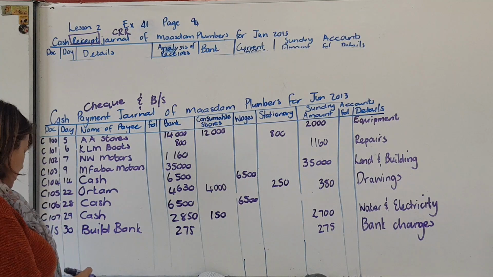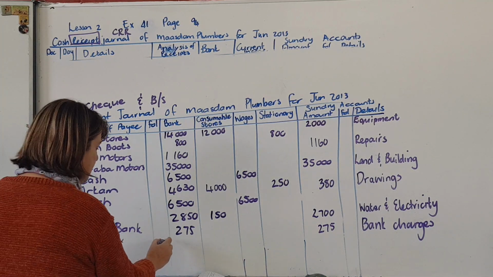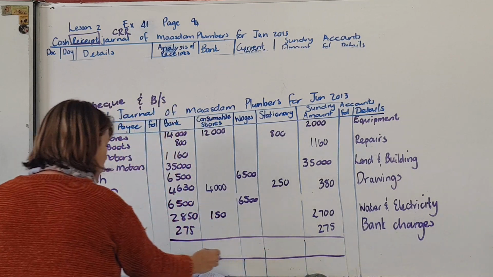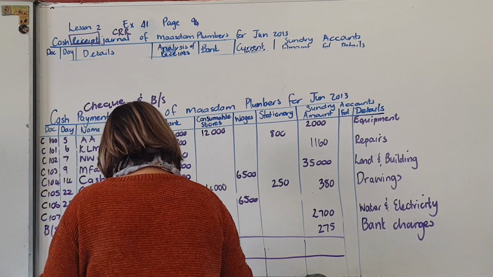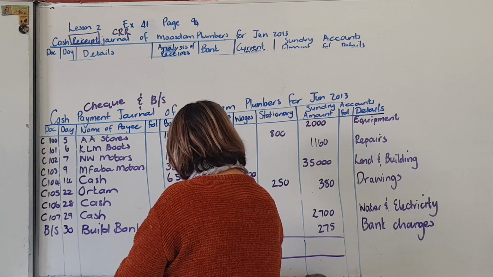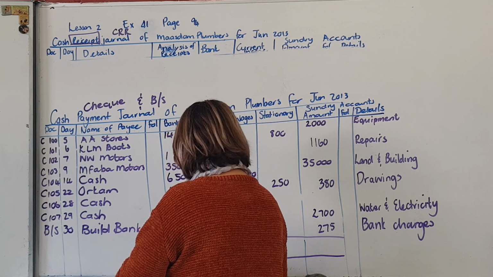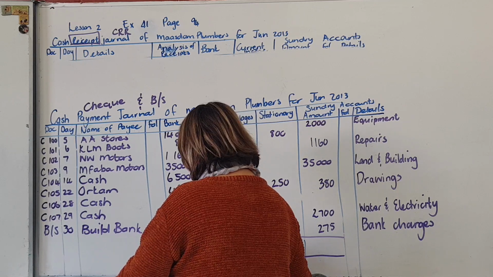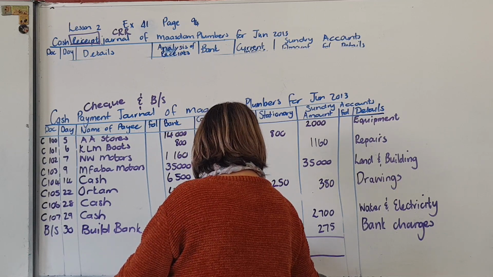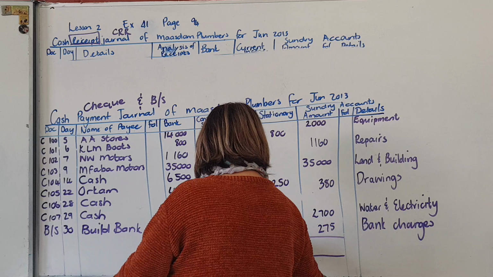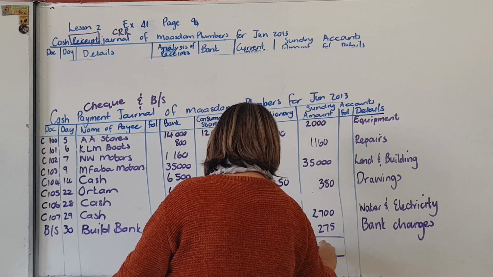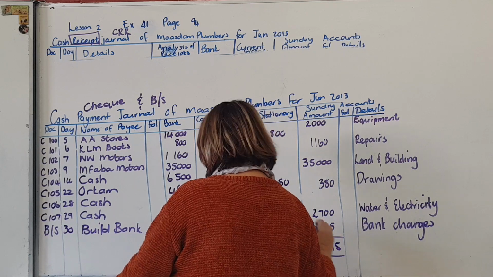All right, so that was your total transactions in your CPJ, and all you have to do is add all your columns. And if you add your columns, this one is 71, 71, 5, 16, 150, 13,000, 1050, 41, 515.